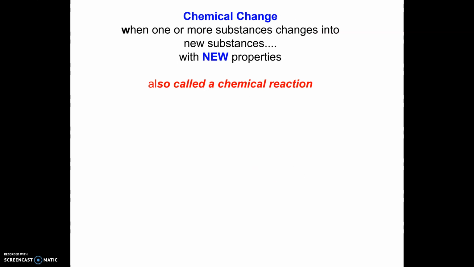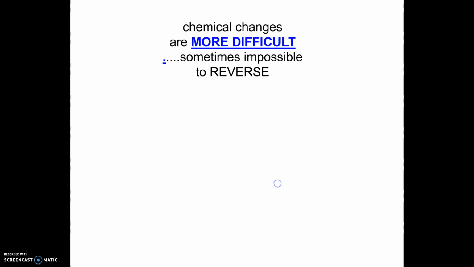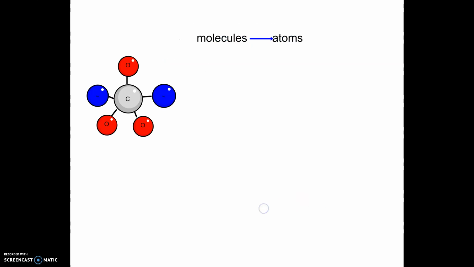A chemical change is when one or more substances change into a new substance with new properties. We also call this a chemical reaction. So chemical change, chemical reaction, same thing. Chemical changes are more difficult, sometimes impossible, to reverse.